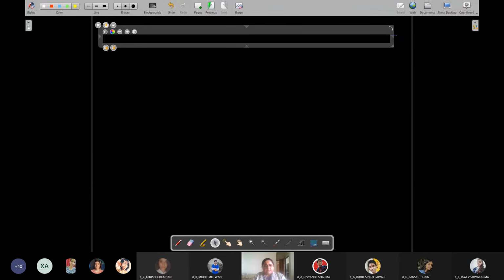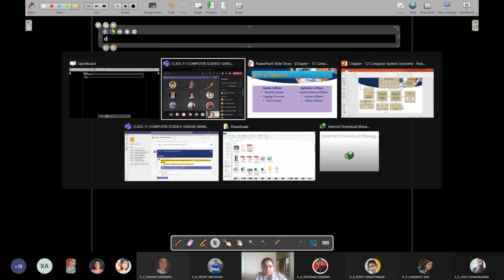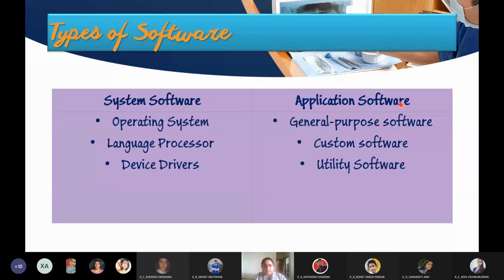So we have operating system, language processor, and device drivers. You purchase a new printer, and how will it work? It installs a software. Nowadays most of the devices are plug and play devices. Just plug in the device, and the operating system takes some time, installs its driver, and it starts working. Driver is what? It's a specific software which controls that piece of hardware.